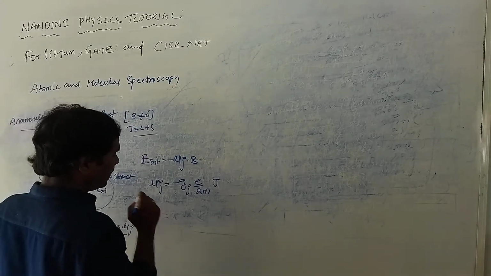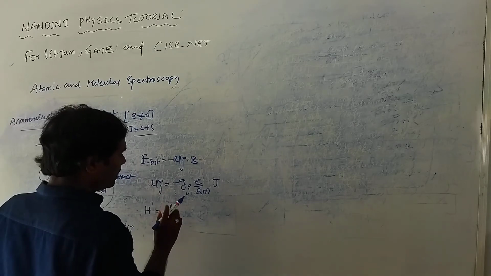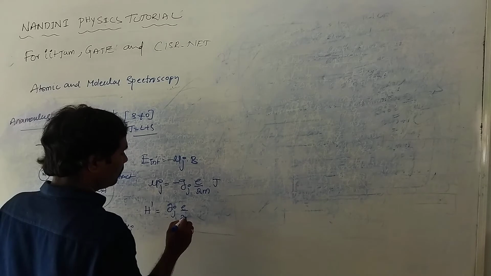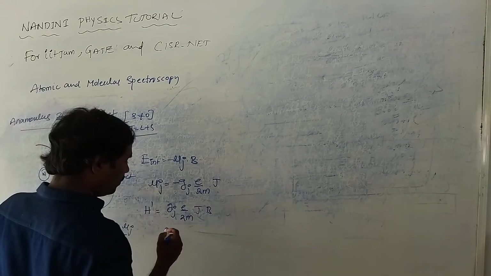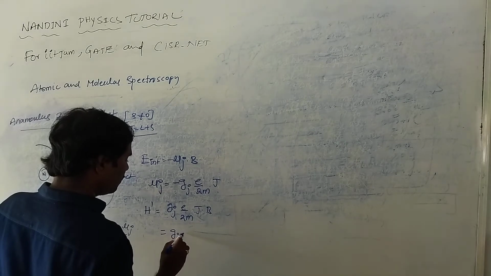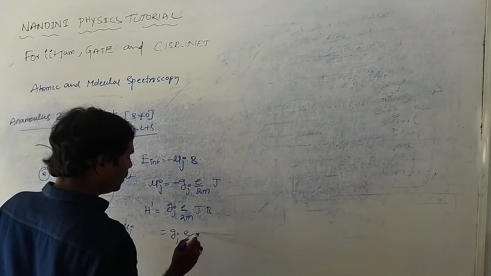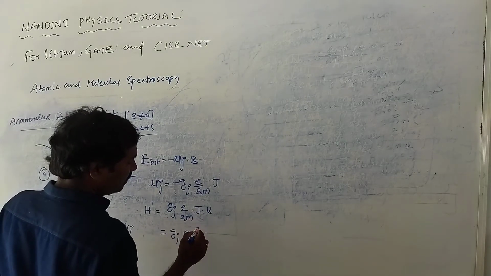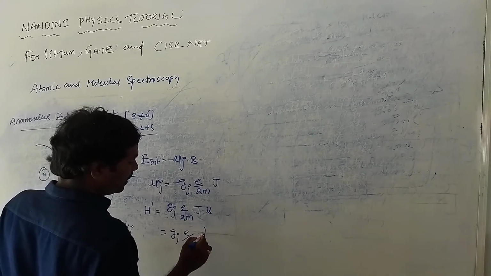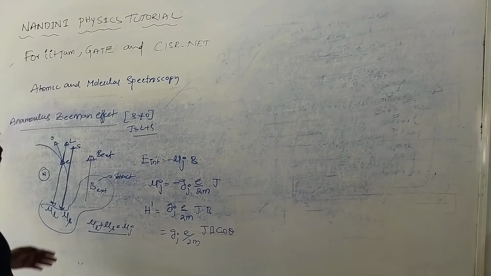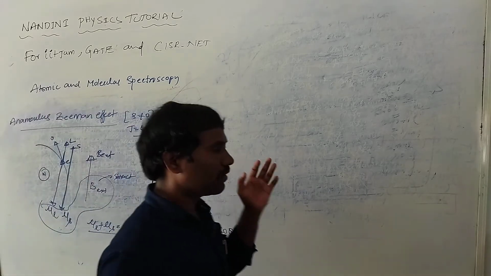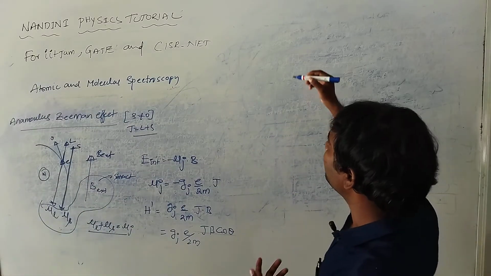So therefore this energy is equal to Gj e by 2m into J dot B. So what is J dot B? This is a dot product, so simply write J B cos theta. Okay, you will consider the components of cos theta value by using the Z component direction.